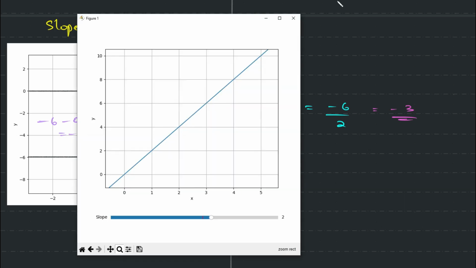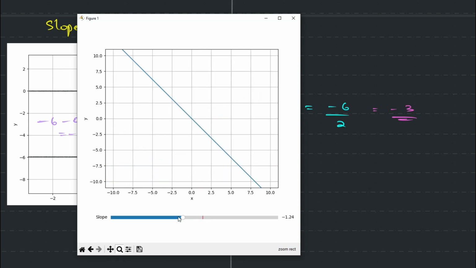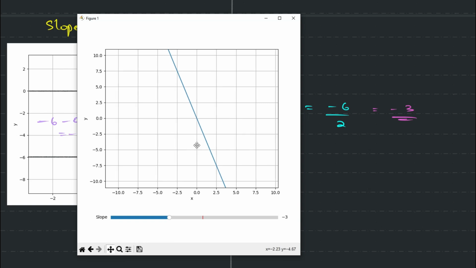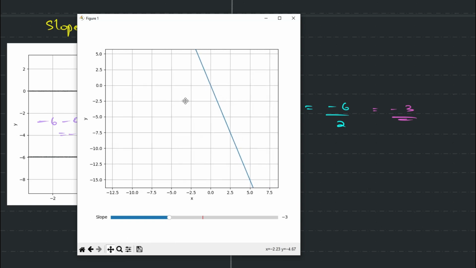Let me actually show this graph. All of those graphs, I got from here. Let me go to minus 3 and give you a better picture. Yeah, this is pretty decent minus 3.